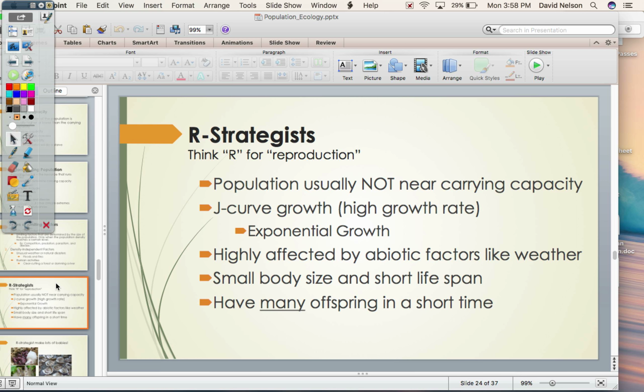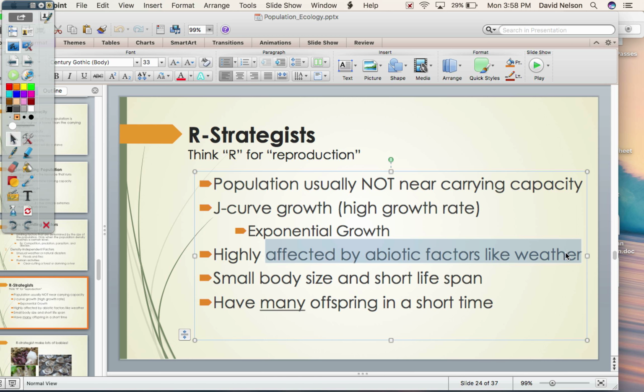So how do we work around these sorts of things? We have different strategies, two very general groups of strategies or strategists. The first one being our strategists. So these are organisms where the population is usually not near the carrying capacity. That's because they're highly affected by abiotic factors, things like weather.